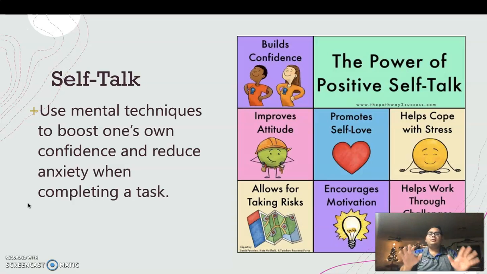Now, self-talk is amazing because a lot of times when a student doesn't get something, they can be very down on themselves. We definitely see this within middle schoolers, but even in elementary school children. Now, self-talk uses mental techniques to boost one's confidence and reduce anxiety when completing a task.